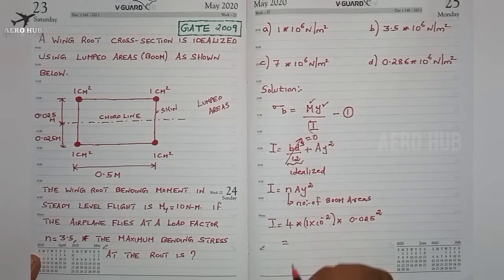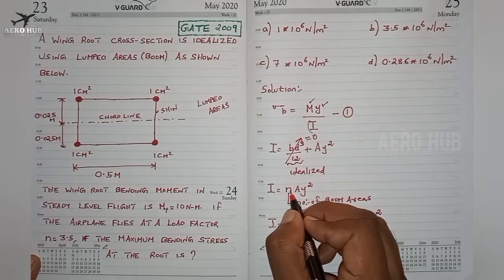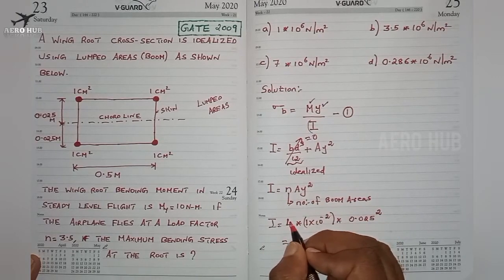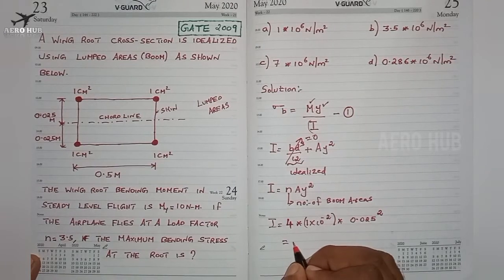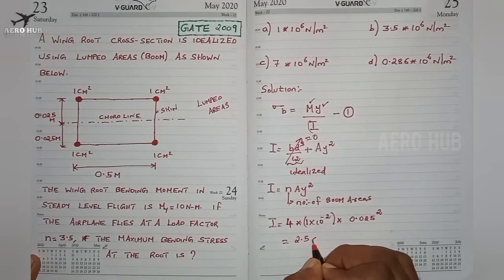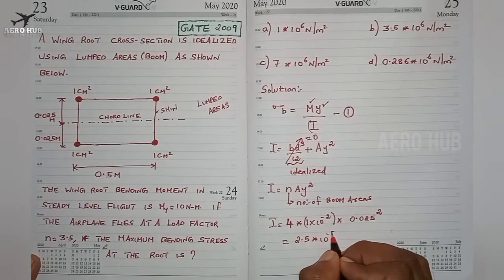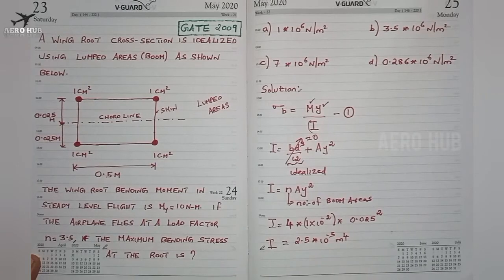This is the value of moment of inertia. 4 is the number of boom areas. The answer will be 2.5 into 10 power minus 5 meter power 4. This is the value of moment of inertia.